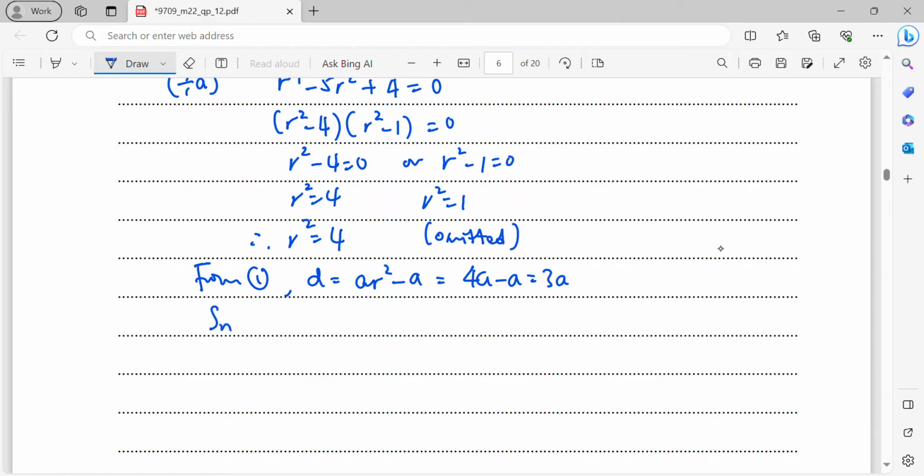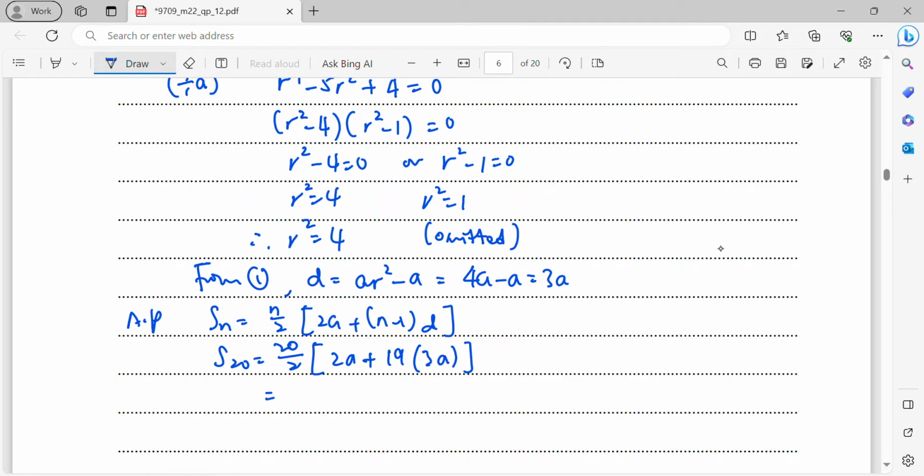So Sn is n over 2 times 2A plus n minus 1 times D. This is for an arithmetic progression. So now S20 is 20 over 2 times 2A plus 19D, where D is 3A. 20 over 2 is basically 10, so for all the terms inside the bracket, you just need to multiply by 10. Now 19 times 3A plus 2A gives 59A.